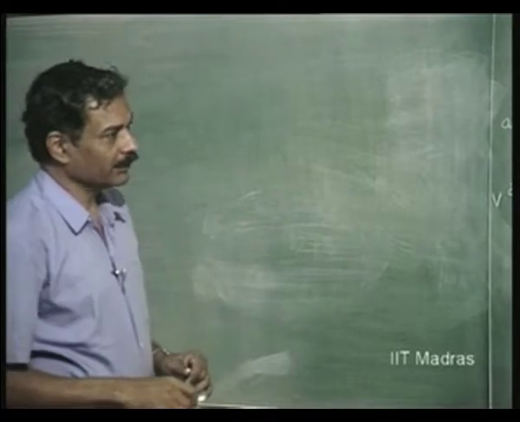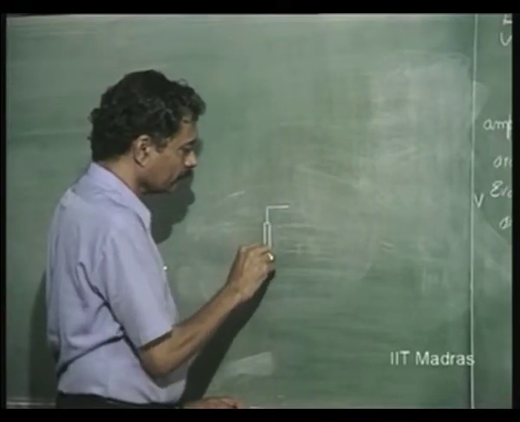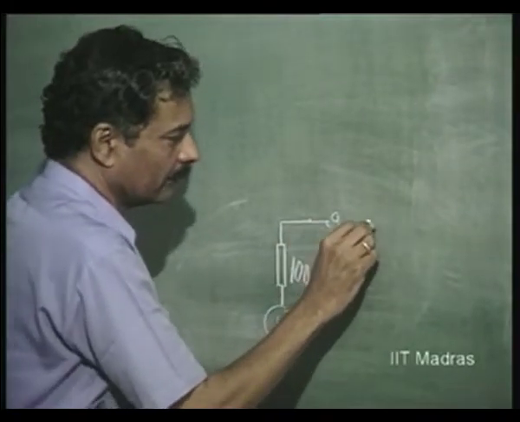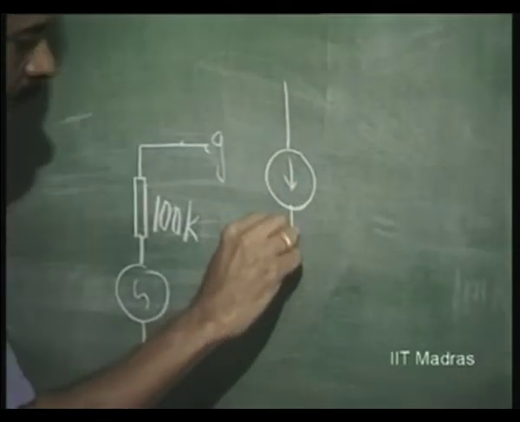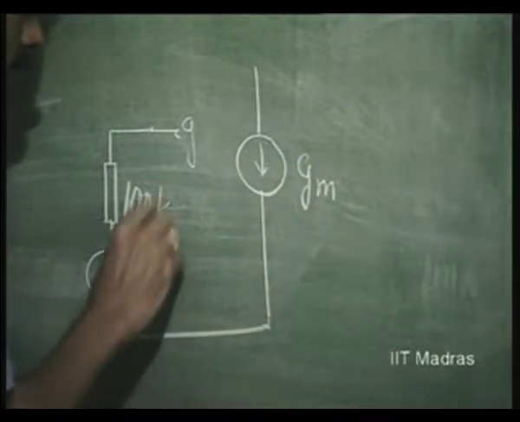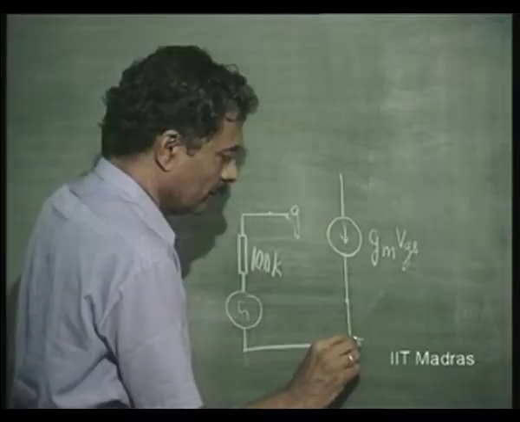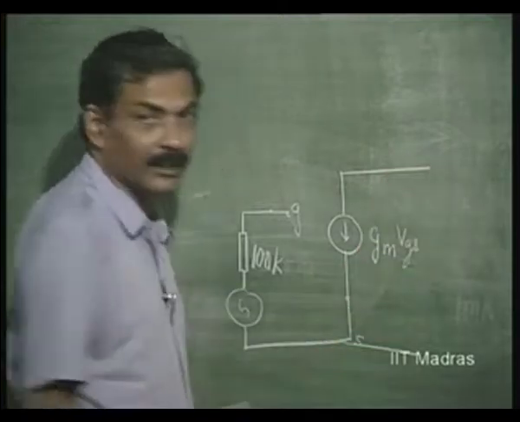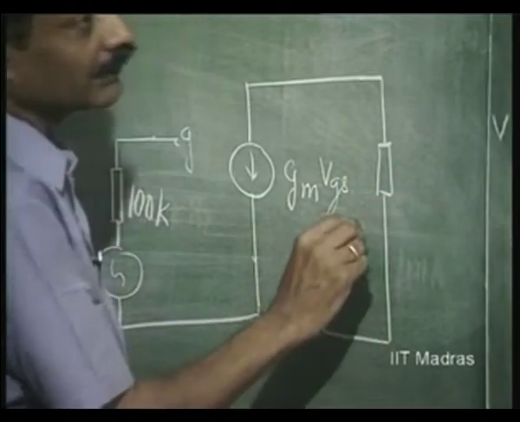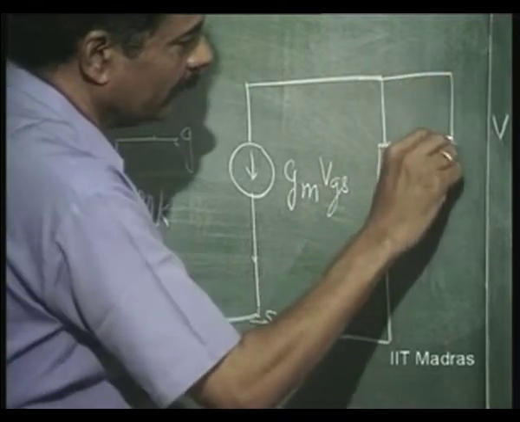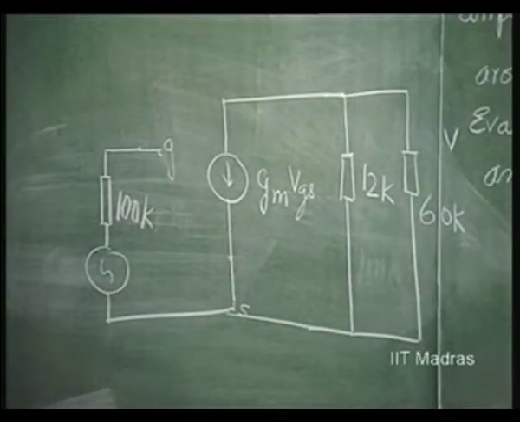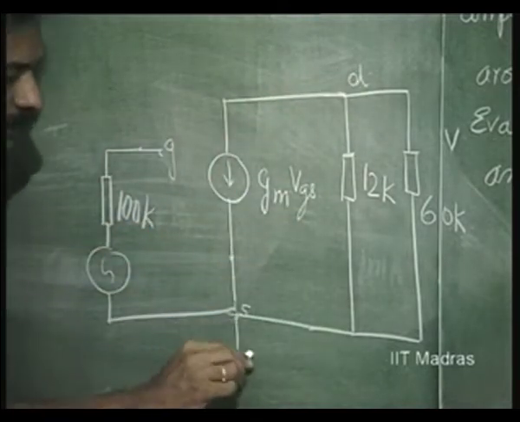So we will put down the equivalent circuit now as 100K, Vs coming to the gate, and then we have Gm into this VGS, and RDS, which is not given, so we will take it as infinity, and then RD, which is 12K shunted by 60K, which is the effective resistance.